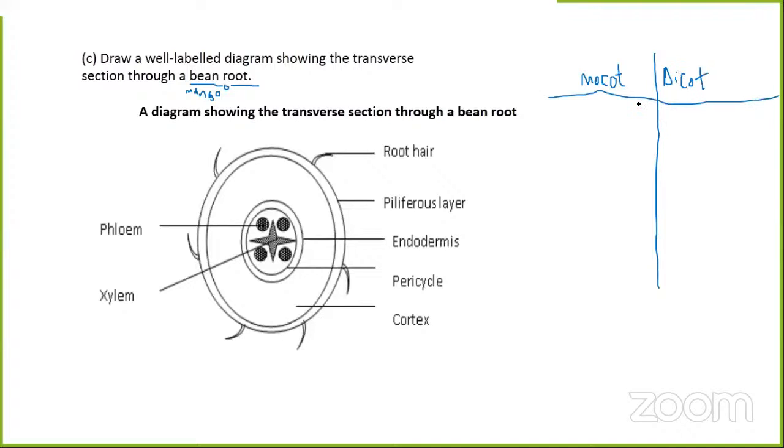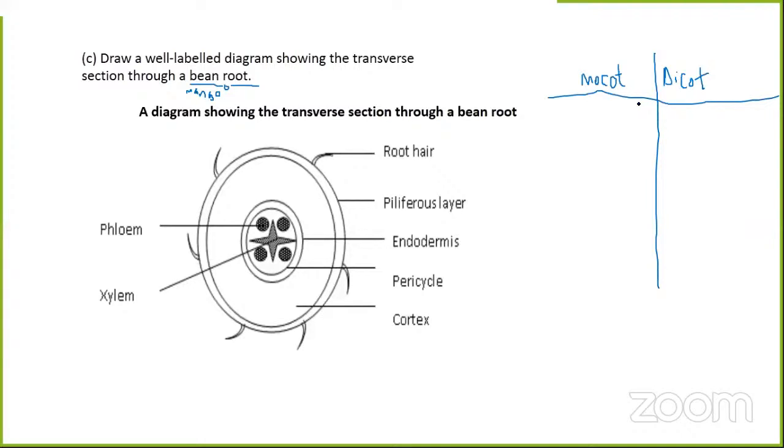Now, if you want to understand what a dicot is, think about any plant that looks like a bean plant. What do I mean by looking like a bean plant? When you examine a bean plant, it will have relatively broad leaves. So a plant with broad leaves should fall under a dicot.